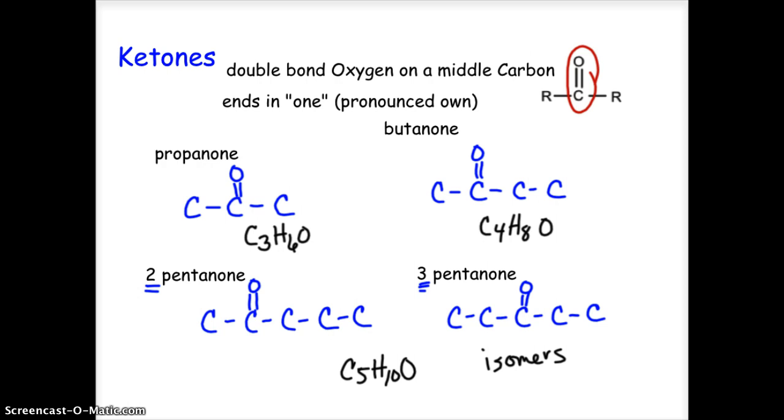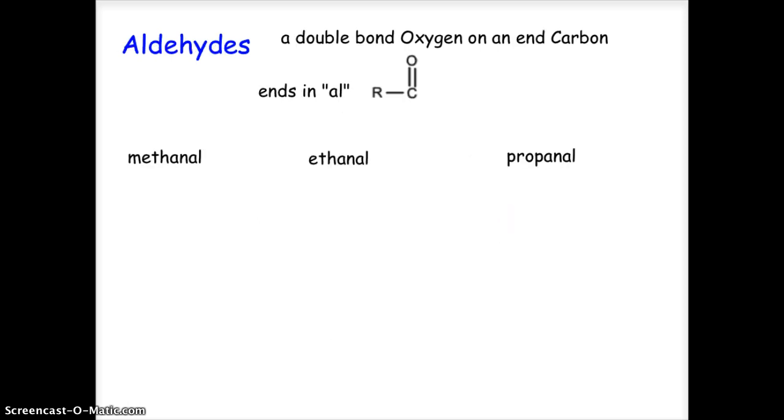The last group we're going to talk about today are aldehydes. And aldehydes are similar to ketones in which the one double bond oxygen is on the end carbon. And so here is the functional group. You'll notice that that double bond oxygen is on the end carbon, and aldehydes end in al.